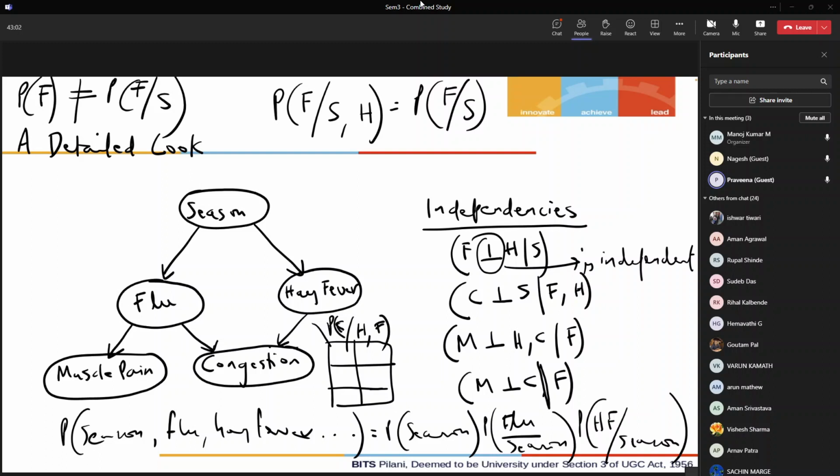Then probability of muscle pain given F, C, H, S, then probability of M multiplied by F given C comma H comma S.